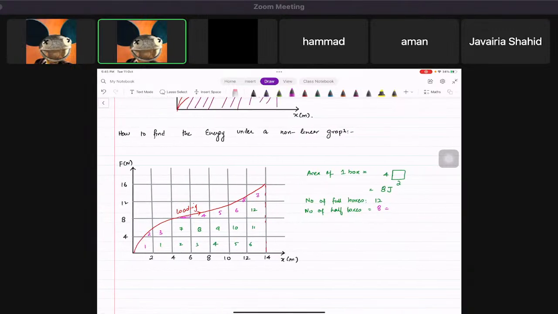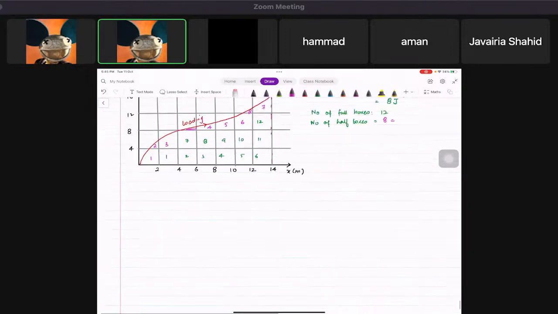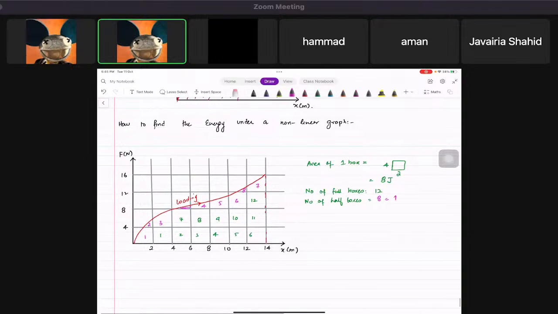So if I combine two of them, it will make up one full box. That means these are actually 4 full. Then I'm going to add the total number of boxes. So the total number of full boxes, this is just estimating, would be 16 full.